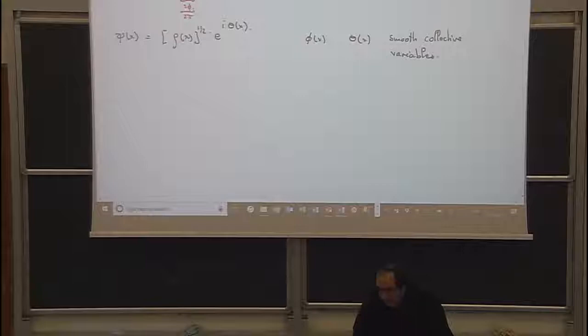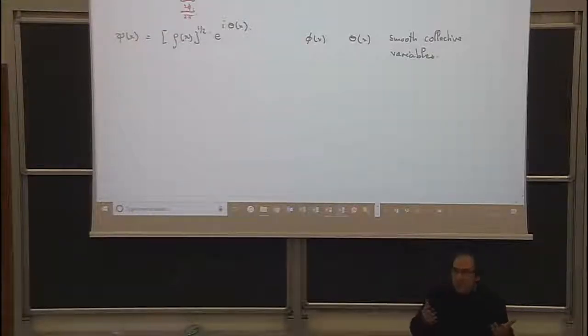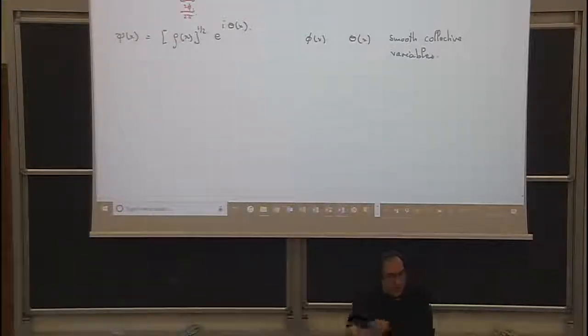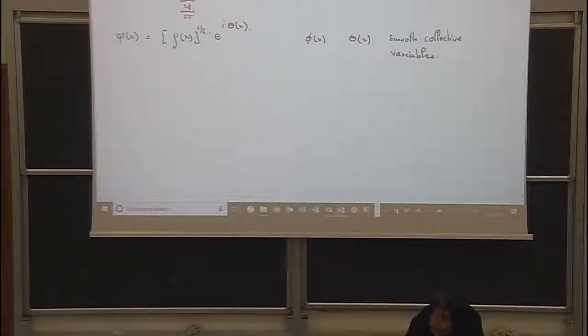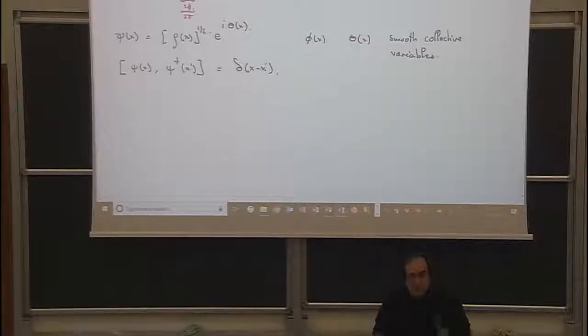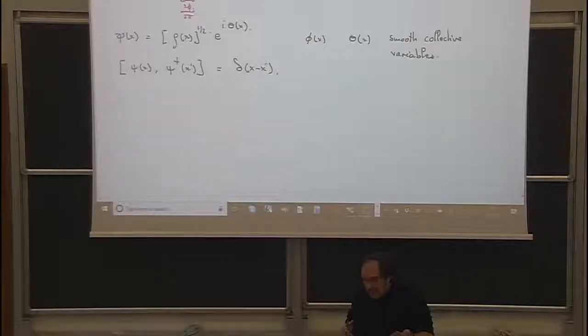Now, of course, I have these two fields and I don't know what they are doing, but I can use the fact that psi of x, psi dagger of x prime, is essentially delta of x minus x prime. So psi of x and psi of x prime have a very precise commutation relation. I can use this to extract the commutation relation between phi and theta.